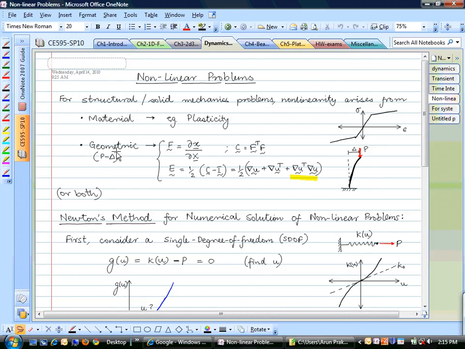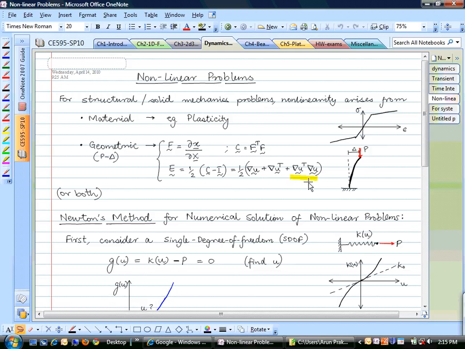You have to consider geometric nonlinearity in order to consider stability of structures. So those are problems with geometric nonlinearity. And essentially what we are doing is considering this strain that we had left out for linear problems. So this was our linearized strain.